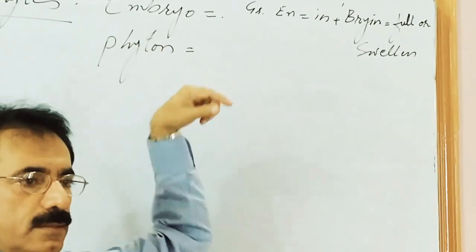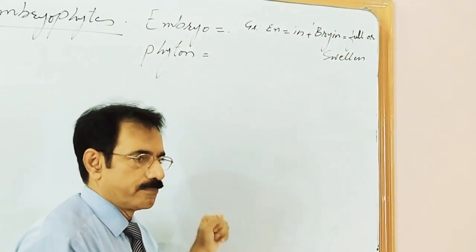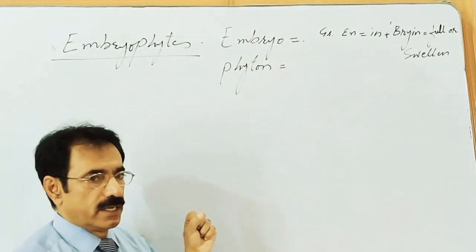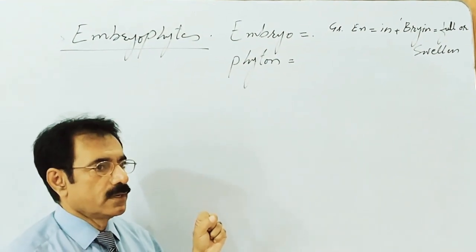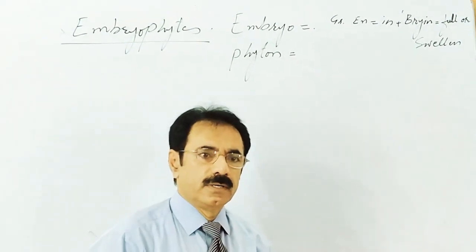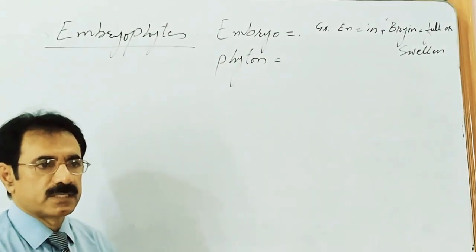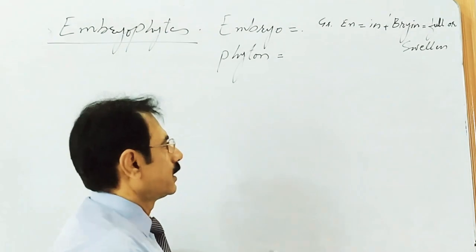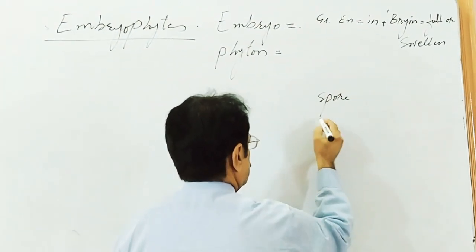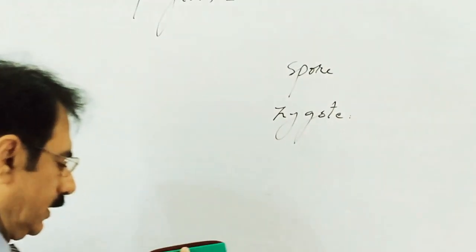Embryo is a multicellular structure that is developed from a single cell, the zygote or the spore. Actually, all the animals and the plants we know start their lives from a single cell, that is either a spore or a zygote.